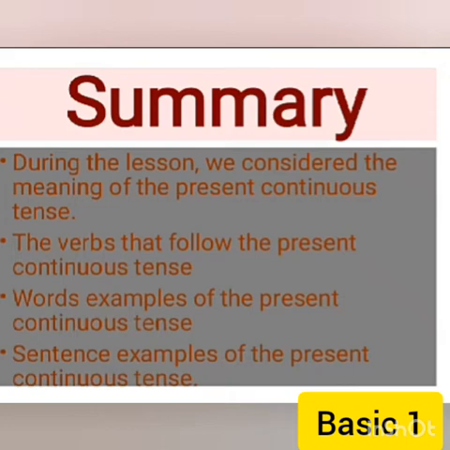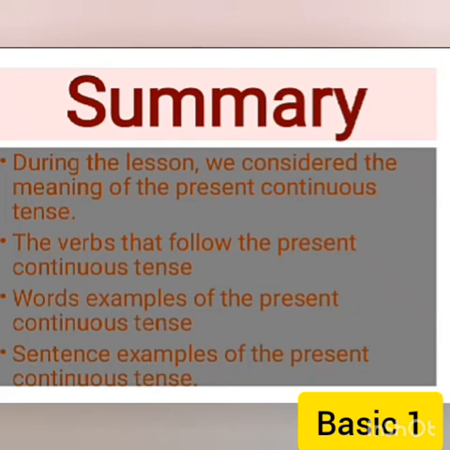In summary, during the lesson, we considered the meaning of the present continuous tense. We also talked about the verbs that go with the present continuous tense, which include is, are, am. We also looked at word examples of the present continuous tense, which included working, giving, explaining, and so on.